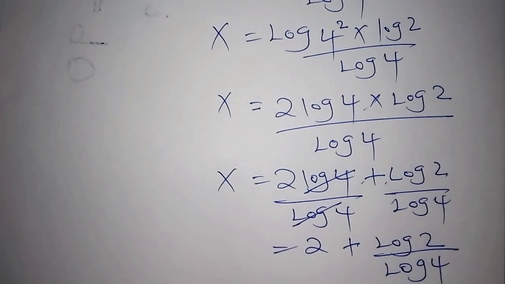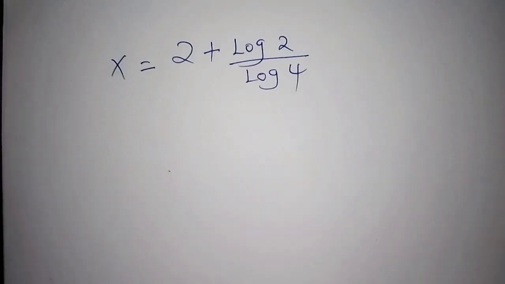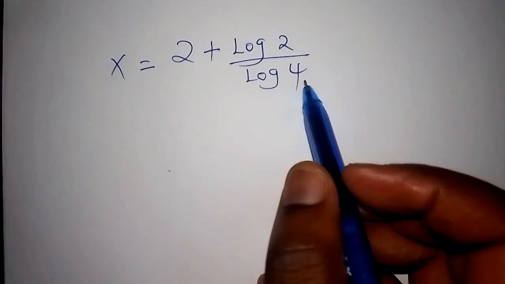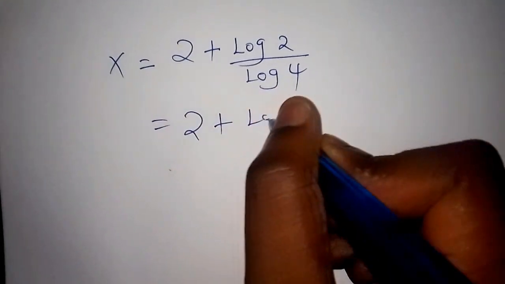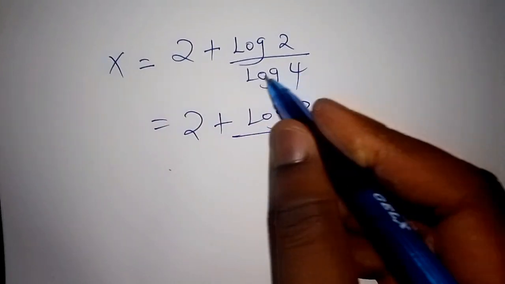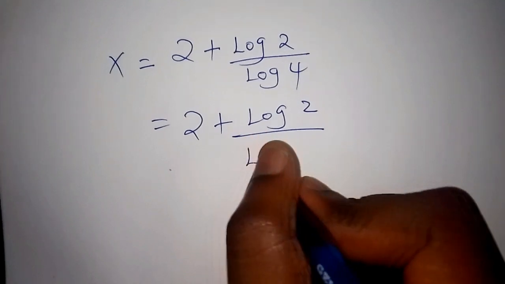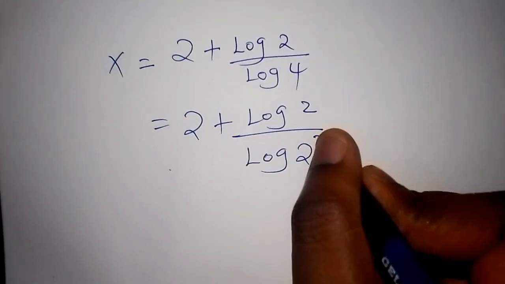From there we shall work out. Let us check the denominator. Here we have 2 plus the log of 2. Let's express this log 4 as a power: we shall have the log of 2 to the power of 2.